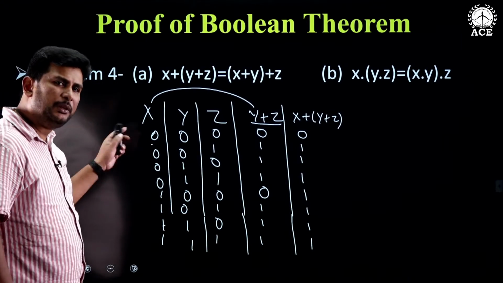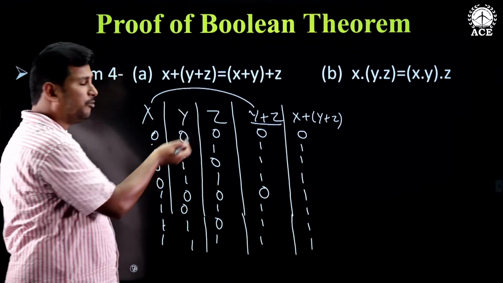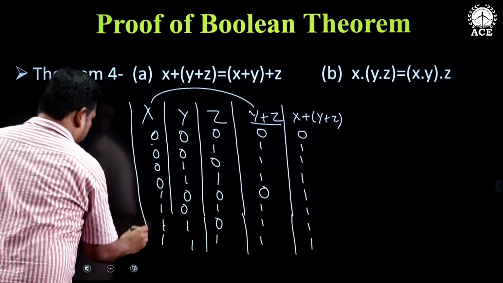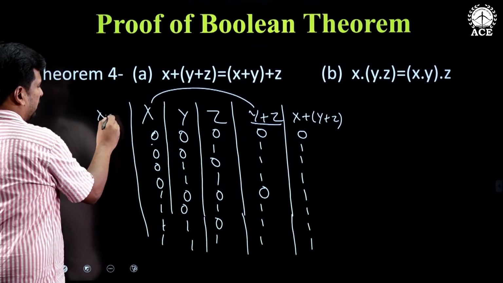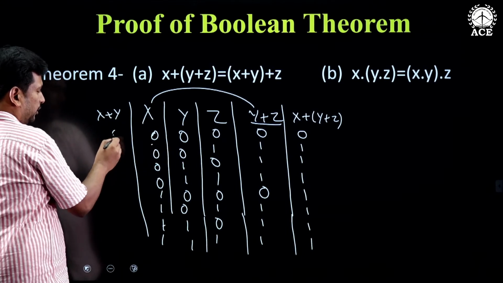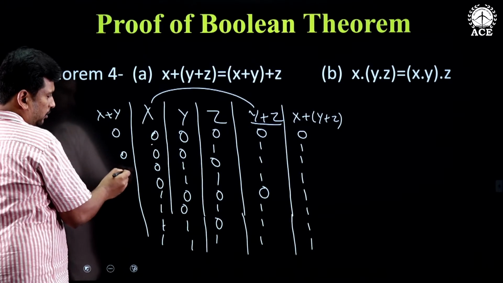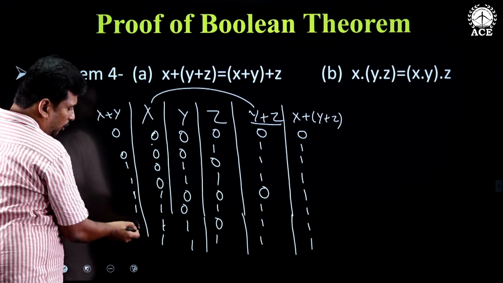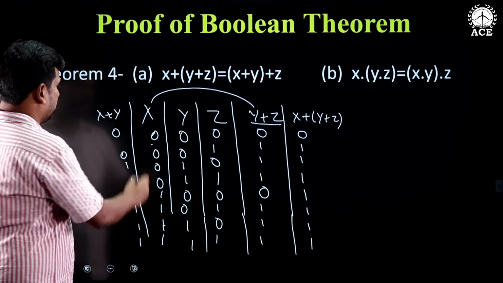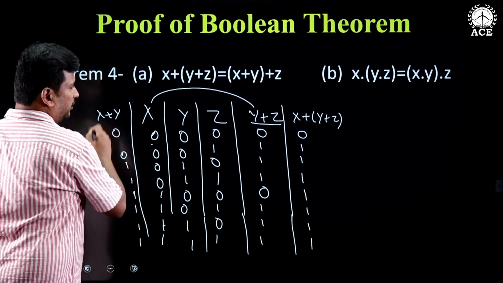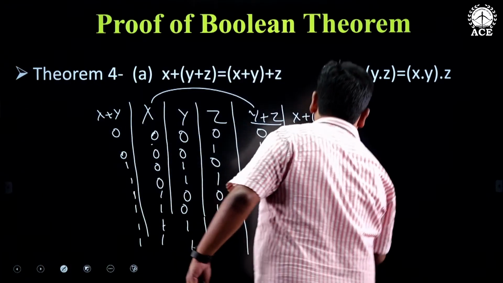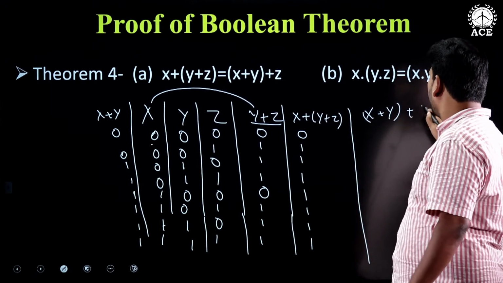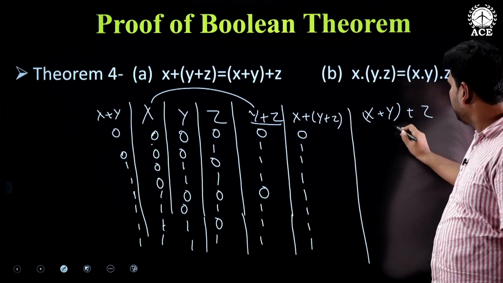Now if you repeat the similar calculation for x OR with y followed by z, you will be getting the similar function. For instance, I calculate x OR with y: 0, 0, 0, 0, 0, 0, 1, 1, 1, 1, 1, 1. And you do the OR operation with z, so whatever you get here is same as what you got in this particular column, right?